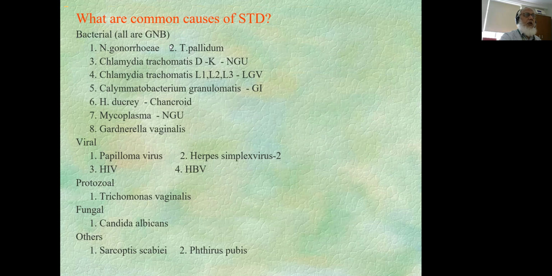Among the bacteria, all are gram-negative: Neisseria gonorrhoeae, Treponema pallidum, Chlamydia trachomatis serotypes D to K, responsible for non-gonococcal urethritis; Chlamydia trachomatis serovars L1, 2, 3, responsible for lymphogranuloma venereum; Calymmatobacterium granulomatis, Haemophilus ducreyi, chancroid, Mycoplasma, also causing non-gonococcal urethritis, and Gardnerella vaginalis, of which Mycoplasma and Chlamydia are responsible for non-gonococcal urethritis, which is more common than gonococcal urethritis.